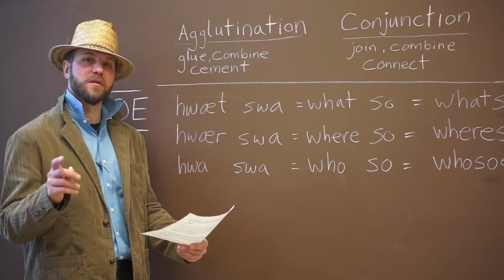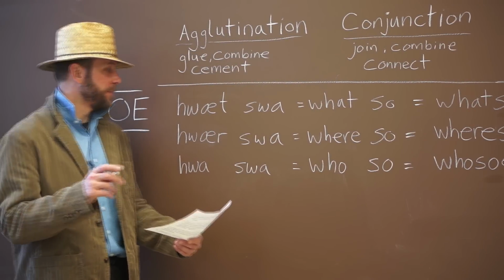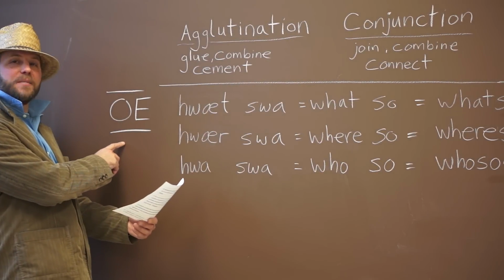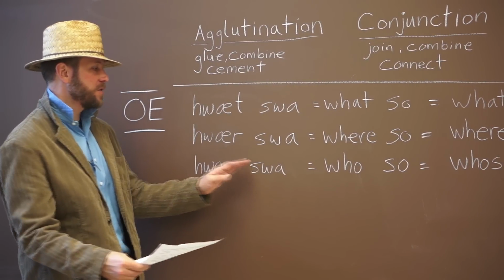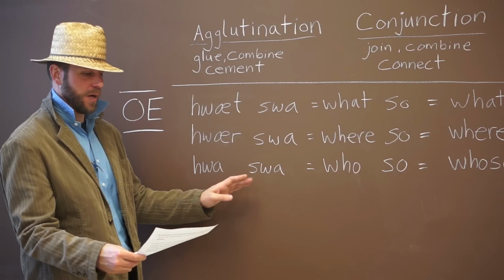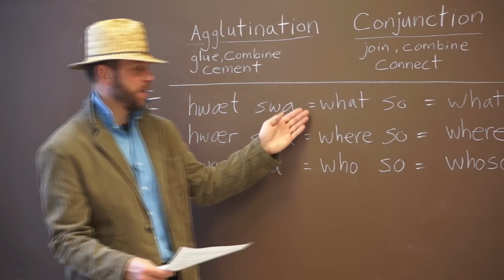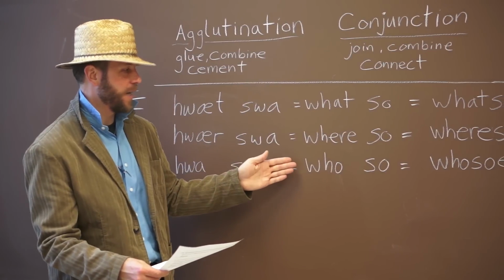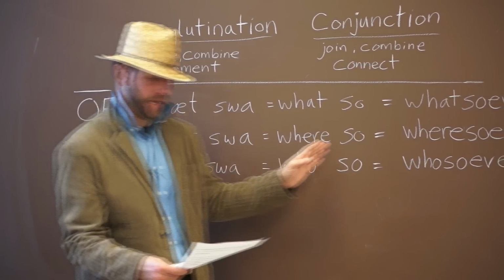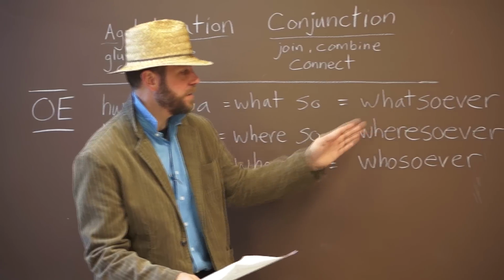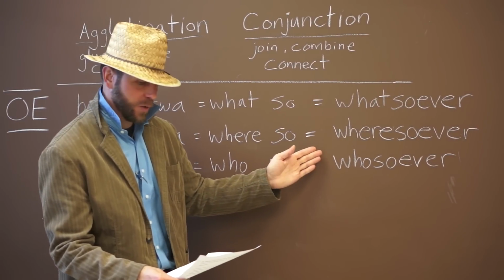Here's some evidence of what we try to do. Back to some Old English etymons. Huatsua, huersua, and huasua in Old English meant whatso, whereso, and whoso. And these phrases were synonymous and became whatsoever, wheresoever, and whosoever.